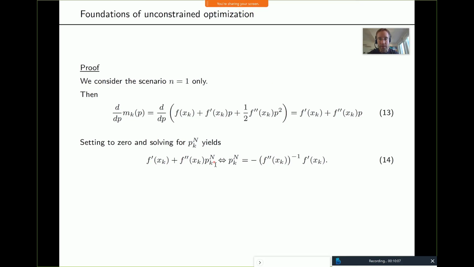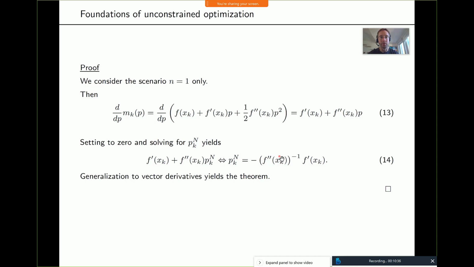So that's equal to 0, and then if this is equal to 0, you can of course put the f prime on the other side, so you get the negative f prime, and then you divide by the f double prime, and then you get p_k equal to minus f double prime to the power of -1, because you need to divide it to get to the other side, times f prime.